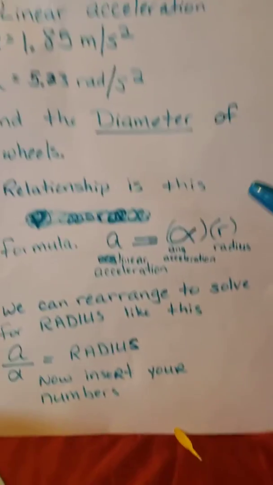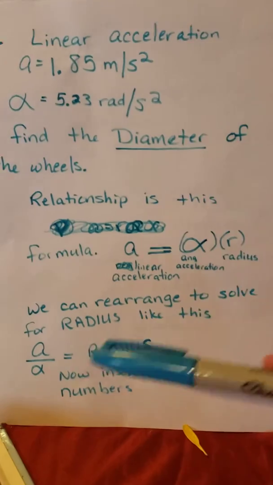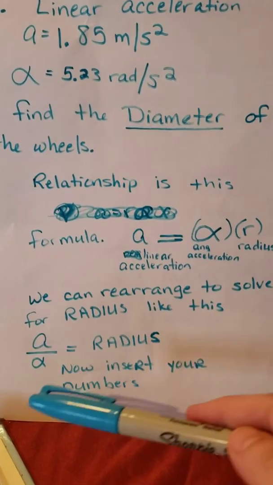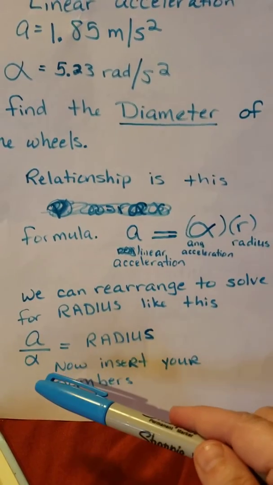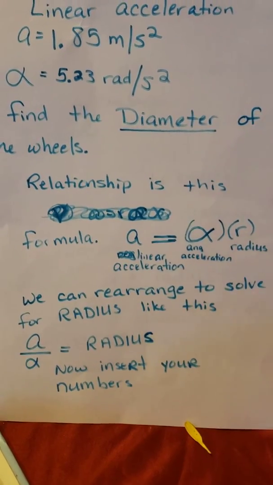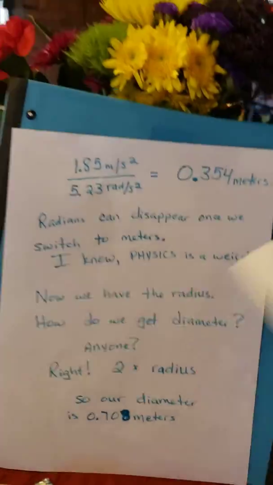Well, good. We have enough information now to solve this problem. We can rearrange to solve for the radius like this. The radius will equal linear acceleration over angular acceleration. Now, let's go ahead and insert our numbers, which I already did for you. So, sorry about that.